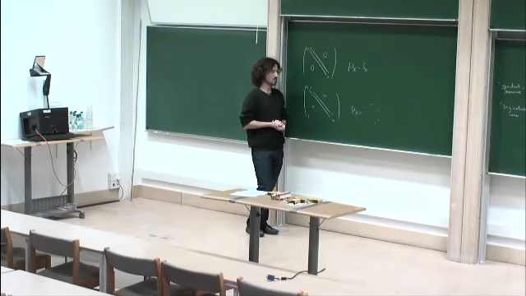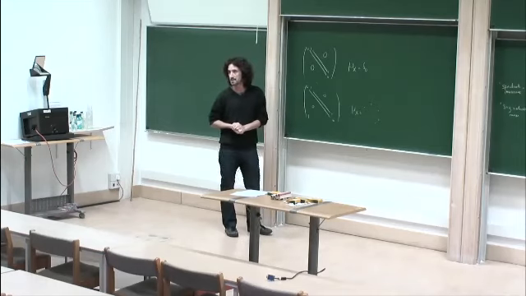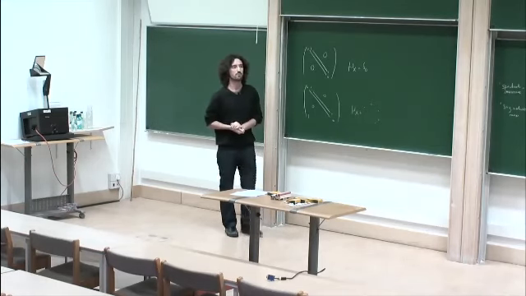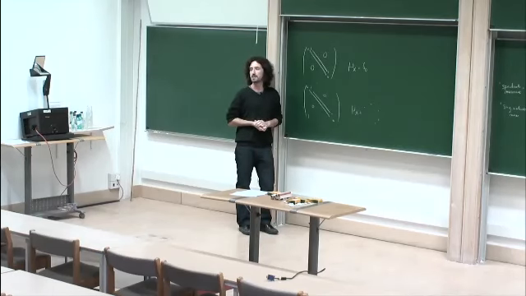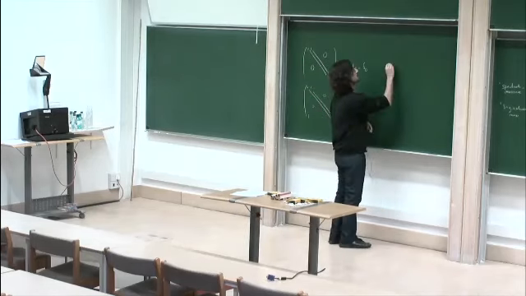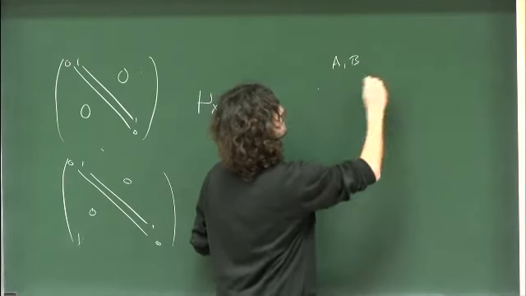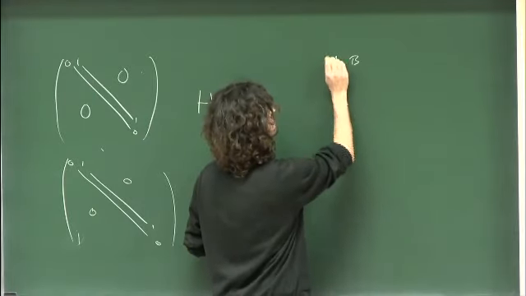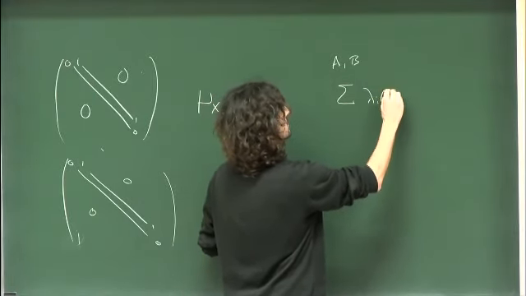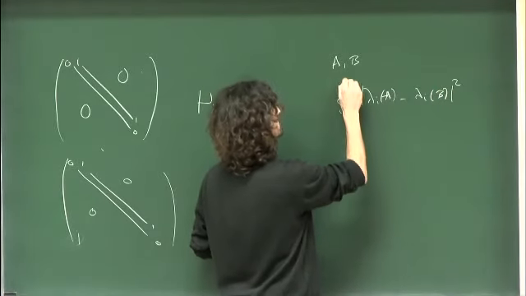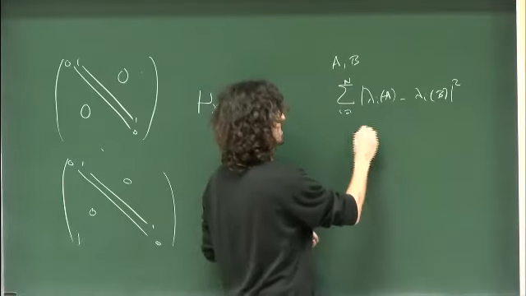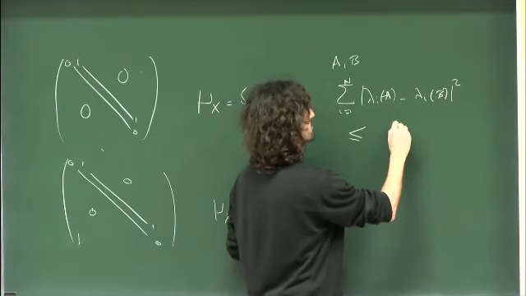And this is not the case for Hermitian matrices, or more generally for normal matrices, because we have inequalities like the Hoffman-Wielandt inequalities, which tell you that you can bound the difference. If A and B are, let's say, Hermitian matrices, the Hoffman-Wielandt inequalities tell you that you can bound this in terms of the Frobenius norm of the difference of the matrices.